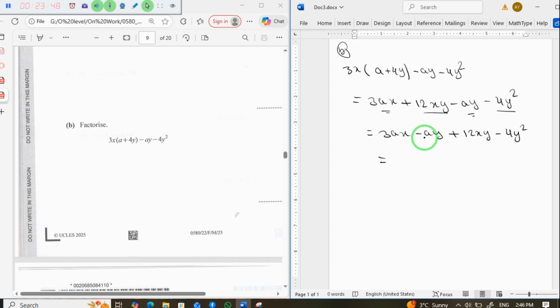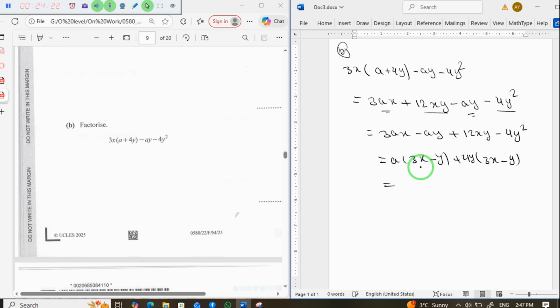Then we take common factor a, remaining 3x minus y, and in the other group we have common factor 4y. 12 divided by 4 is 3, x remains, 3x minus 4 divided by 4, 1, y square divided by y, remains y.